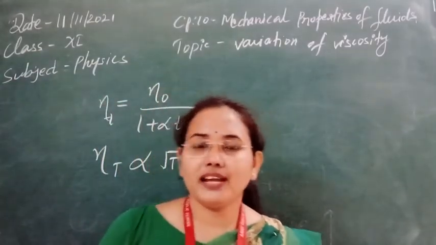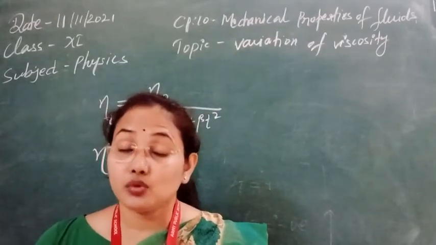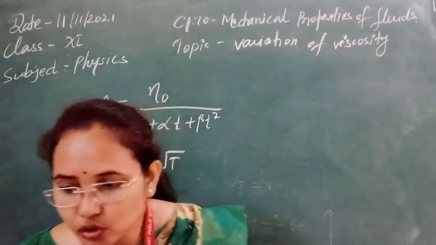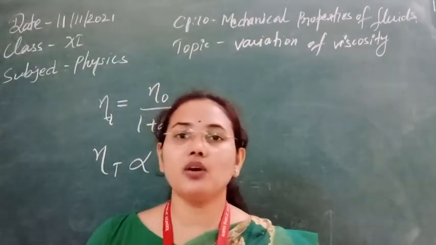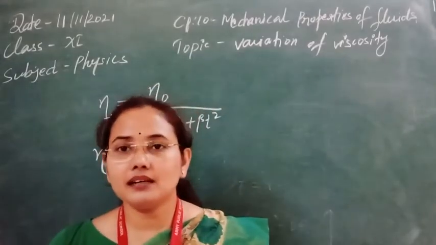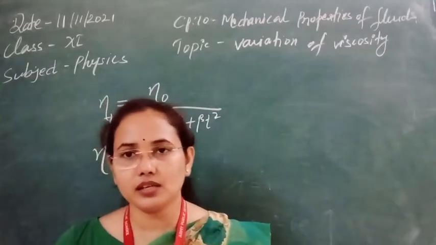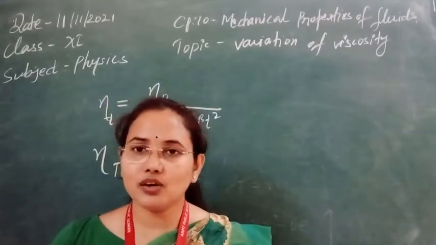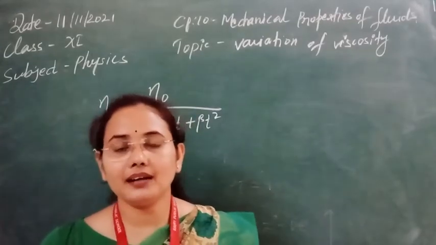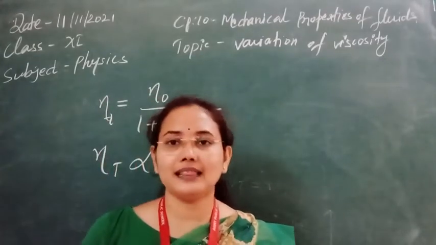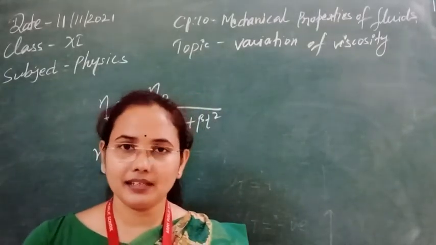So with variation of pressure, different liquids show different properties. For most liquids, viscosity starts to increase, because with variation in pressure the relative motion increases, and due to that the viscosity increases. But water shows anomalous behavior up to 4 degrees Celsius, and that's why its viscosity starts to decrease; later we will also see this behavior in the next chapter.